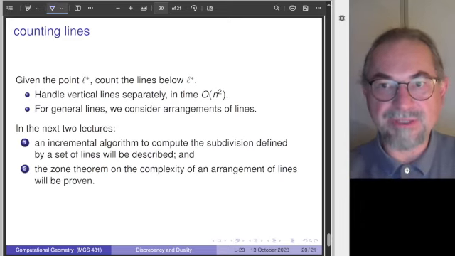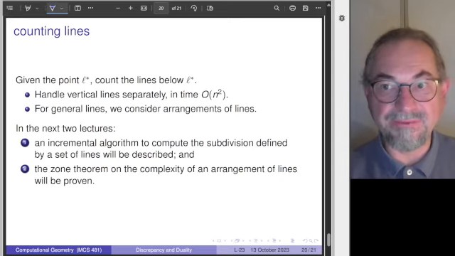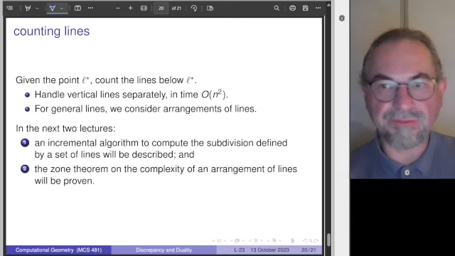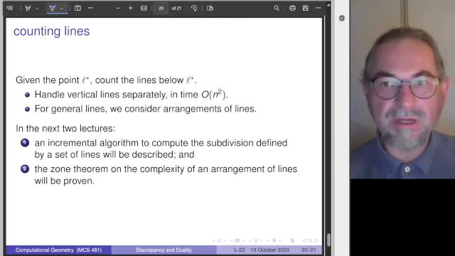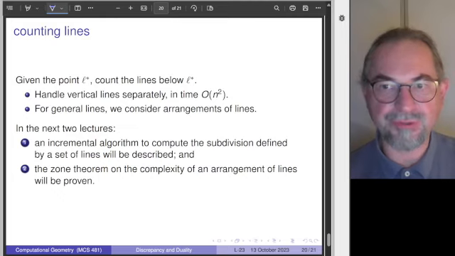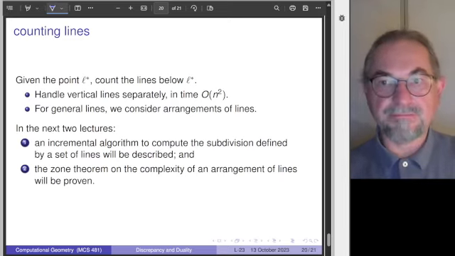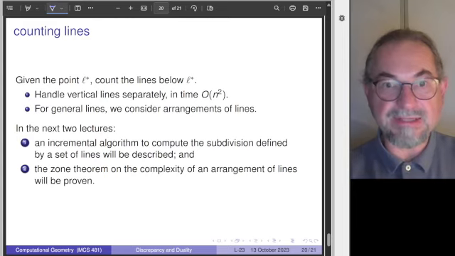What we considered in a previous lecture, I think when we discussed linear programming a long time ago now, was polarity. Polarity is different from duality. In this lecture, we saw that the dual of a point is a line, and the dual of a line is a point. And this is nicely defined, except for vertical lines.